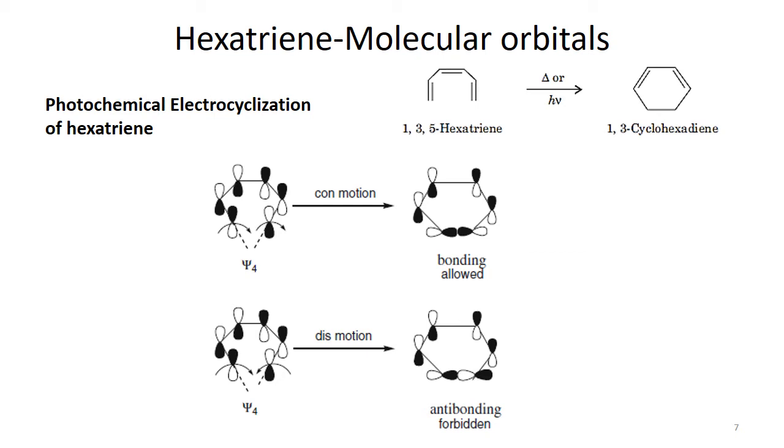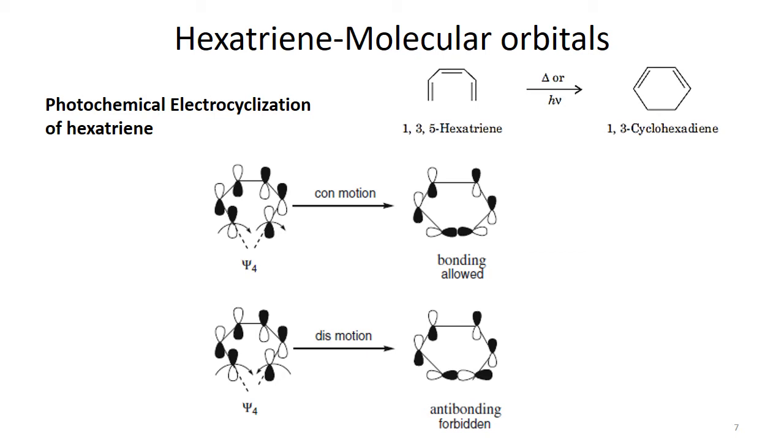But after irradiation, electrons from psi3 move to psi4, and now the highest occupied molecular orbital is psi4. So now we are going to consider psi4 as the principal orbital to undergo these reactions, because psi4 has different shapes of orbital, or different sign variance.